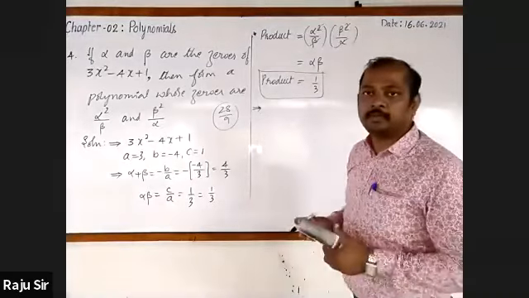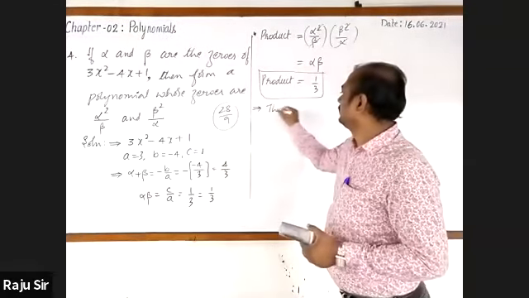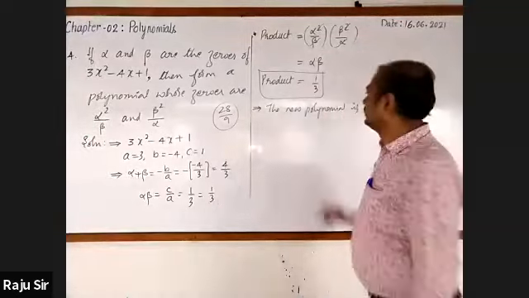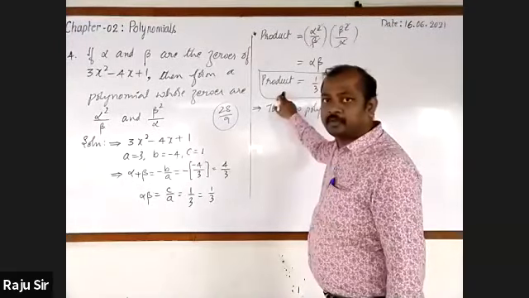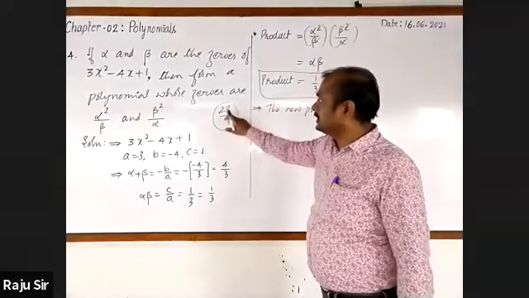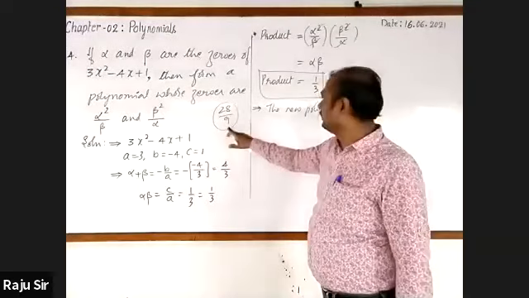Now let us form the new polynomial. 9x square minus 28x plus 3, sir. Correct, you are right. Observe it. The sum is in fraction, 28 by 9.